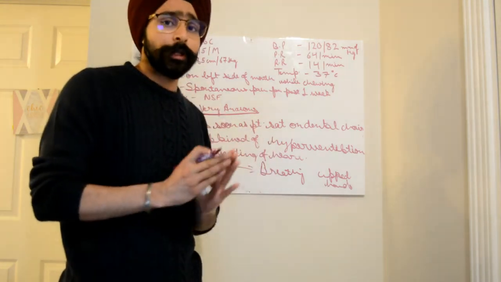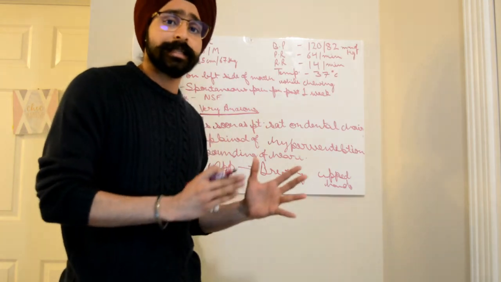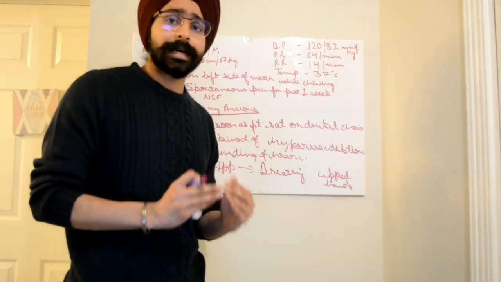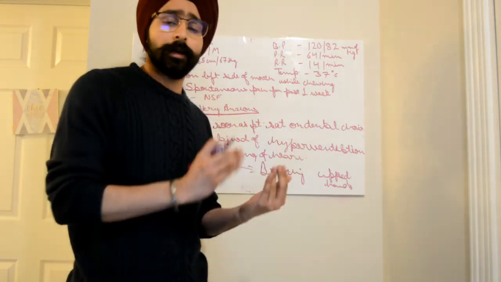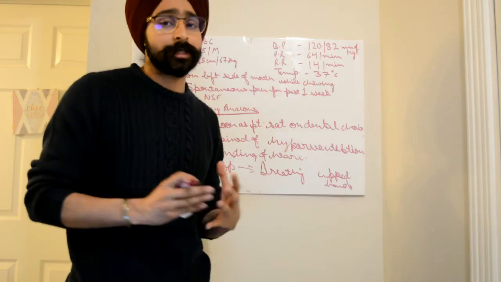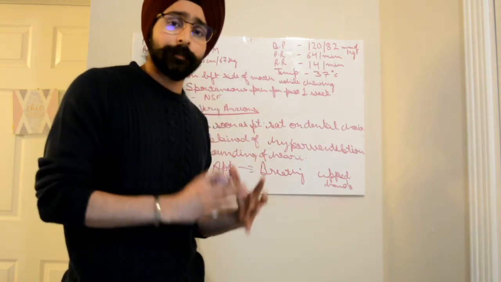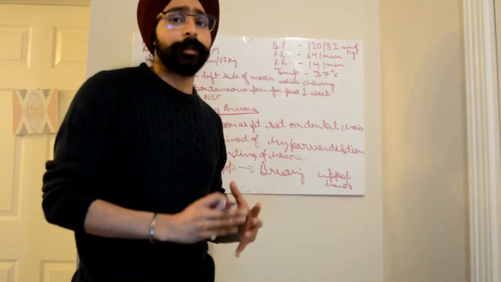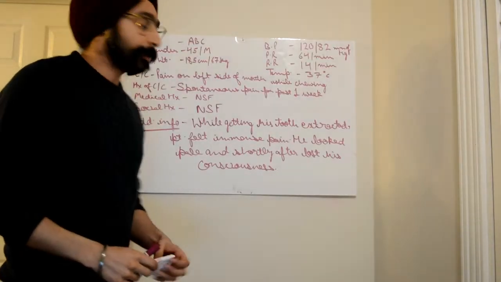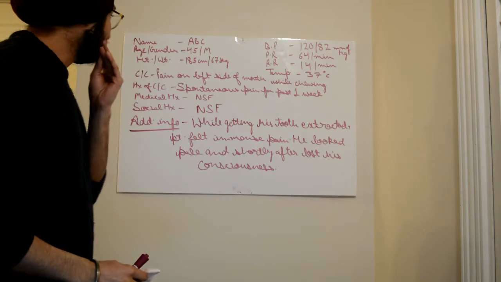So guys, you need to remember signs and symptoms of each and every emergency, because these signs and symptoms really overlap. That's why the topic of emergencies in dentistry is comparatively difficult when we need to answer the questions in the ACJ exam.